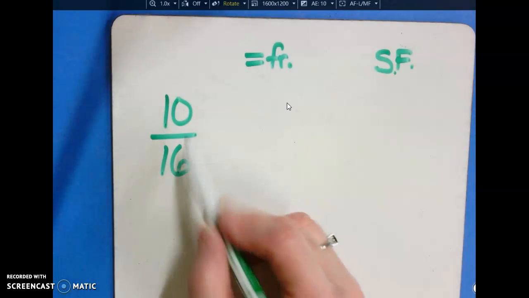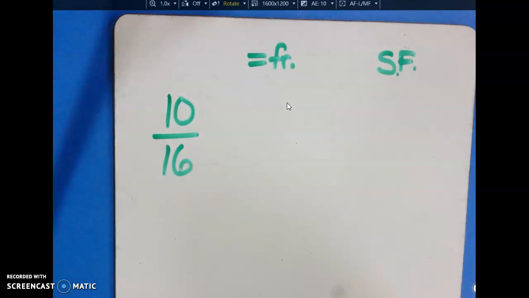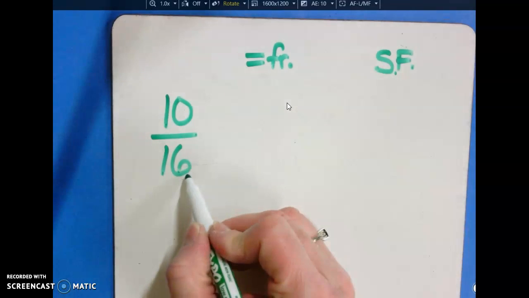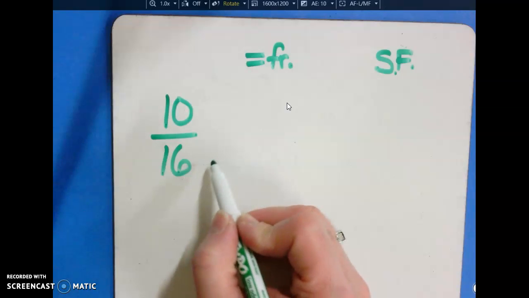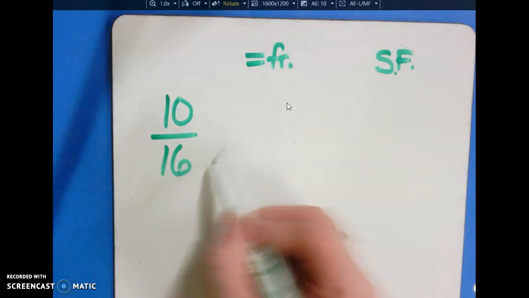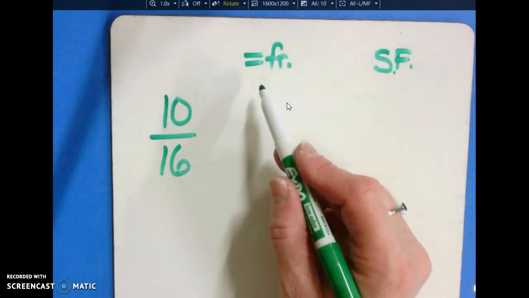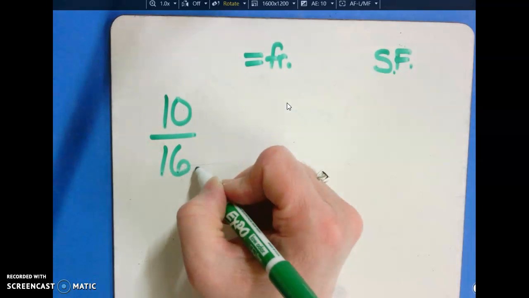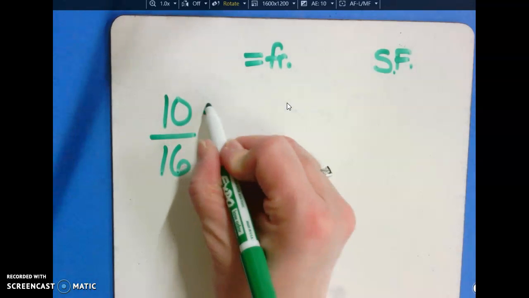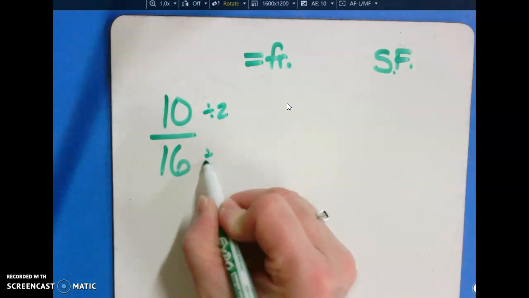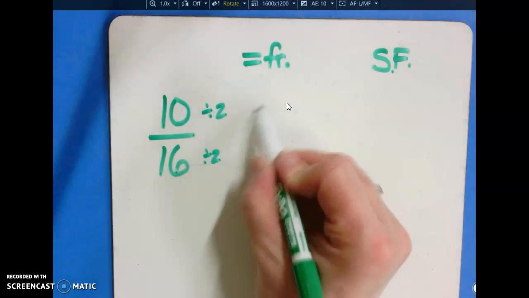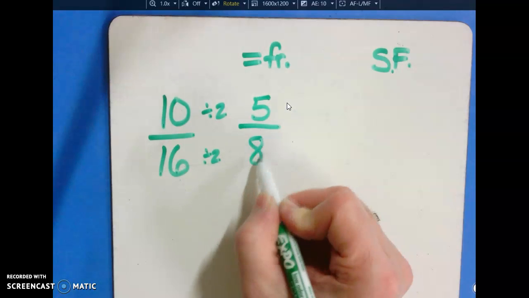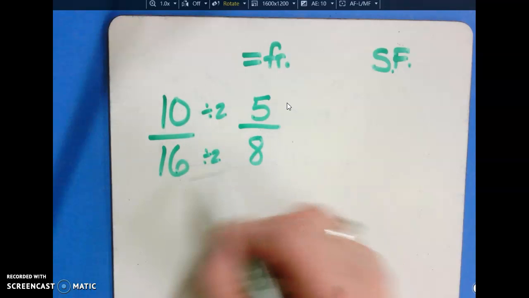Now, in this case, because I have bigger numbers already, I may choose to divide, because I don't know 16 times too many numbers off the top of my head as a basic fact. So an equivalent fraction is also a simplest form fraction. They all name the same amount. So I see that 10 and 16 are both even numbers. So in my mind, I know I can divide by 2. 10 divided by 2 is 5. 16 divided by 2 is 8. So I have just made an equivalent fraction.